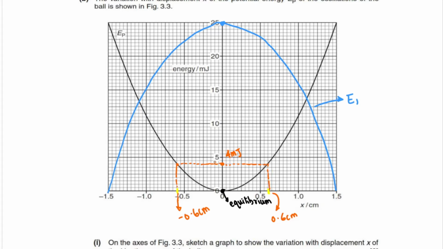So in a situation where energy was lost and the oscillation decreases over a certain period of time, we will see that the graph for the gravitational potential energy will not change, but it'll be a bit different. Let's say for a moment in the oscillation at t equals, I don't know, 0.2 seconds.